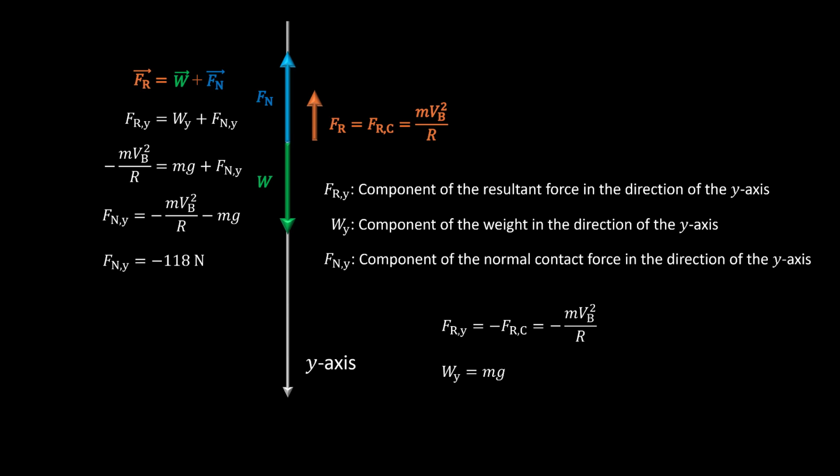Therefore, it means that the normal contact force is contributing 118 Newton in the opposite direction to my y-axis. In simpler words, we can simply say that it is contributing 118 Newton vertically upwards. So this is how you manipulate vectors consistently by respecting their directions.